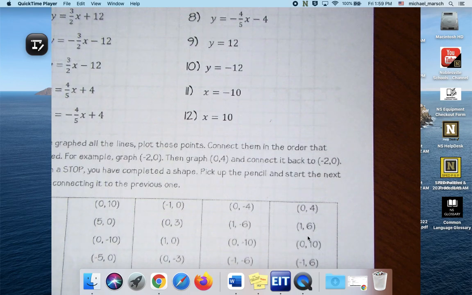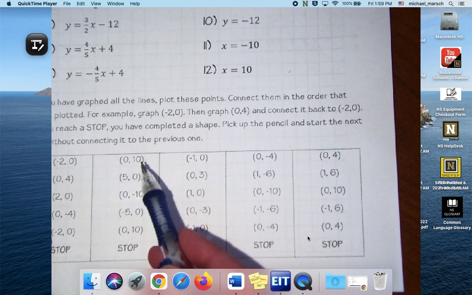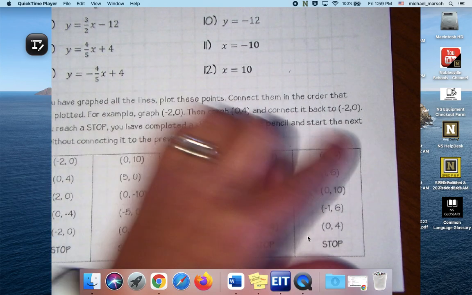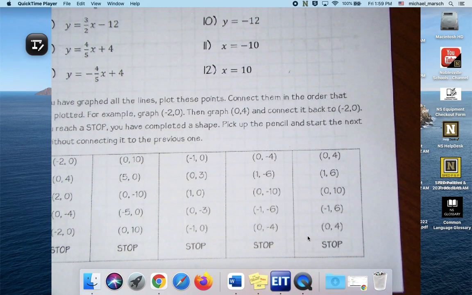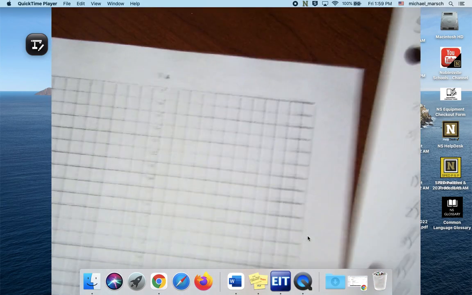At least 3, unless you run out of space. Does everybody understand how you don't connect this -2, 0 up to this 0, 10? These are different sections of the design. Okay, so let's do a couple of them together because I know that we probably forgot already.